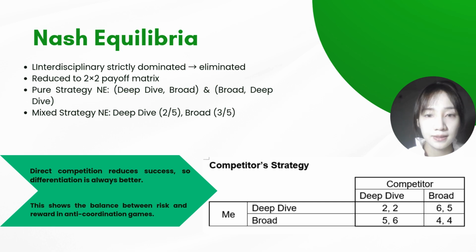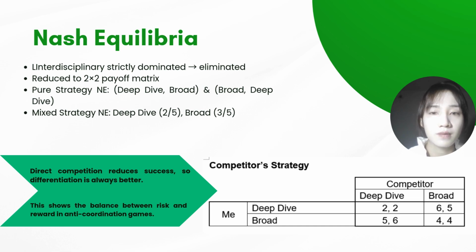Through dominance reasoning, I found that interdisciplinary was strictly dominated by broad and could be eliminated. This simplifies the game to a two-by-two payoff matrix with only deep dive and broad strategies. From this reduced game, two pure strategy Nash equilibria appeared, one with me choosing deep dive and my peer broad, and the reverse.